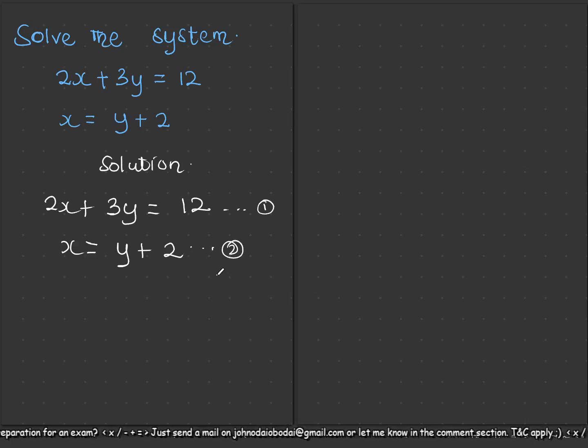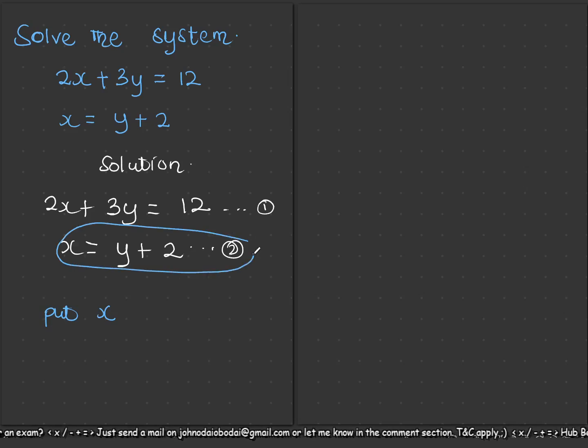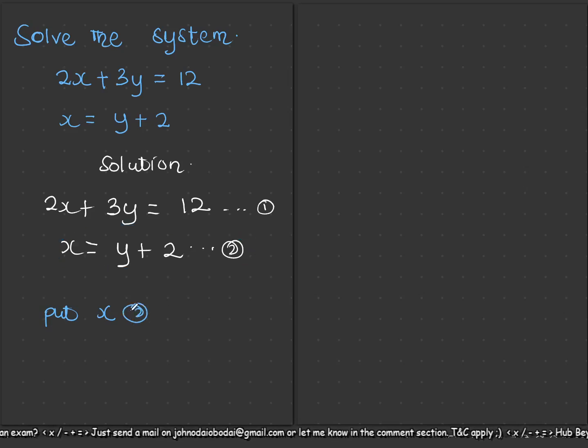Now, how do I evaluate this? It says we should make one variable the subject. If you look at it carefully, x has already been made the subject in this equation 2, you see. So we can just go straight forward and put your x, which is in equation 2, into equation 1.